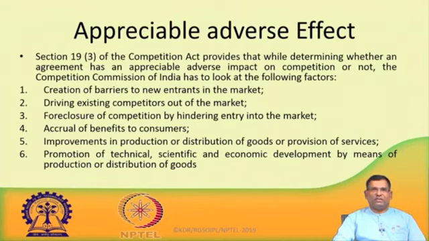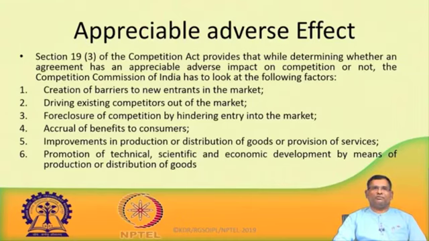Activities which have an appreciable adverse effect on competition, which is explained under section 19 of the Indian Competition Act, which says whether an agreement has an appreciable adverse effect on competition or not. Under this particular section, certain factors are taken into consideration to determine whether there is an appreciable adverse effect on competition or not.